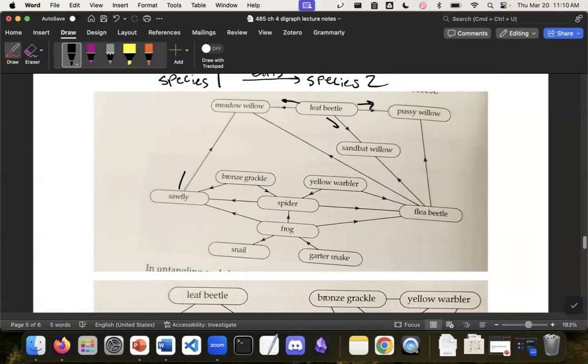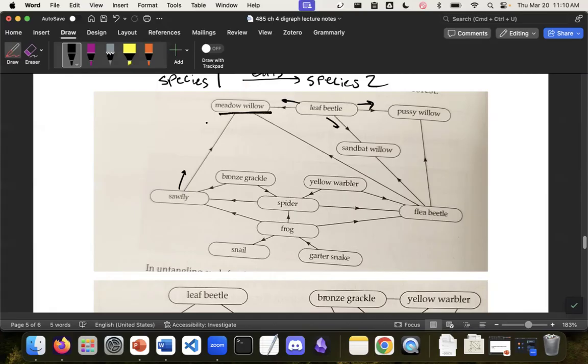But the sawfly is eaten by a grackle, which I think is a bird, and by a frog and by a spider. So it is both predator and prey. But anyway, the leaf beetle and the sawfly both prey on the same thing, being the meadow willow.